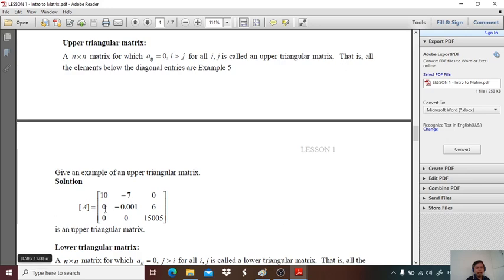So this is 2, 1, where 2 is greater than 1. Then this is 3, 1, and this is 3, 2. So the entries at 2,1, 3,1, and 3,2 are all 0 because of this condition to satisfy the upper triangular matrix.